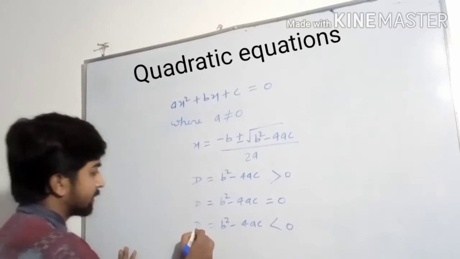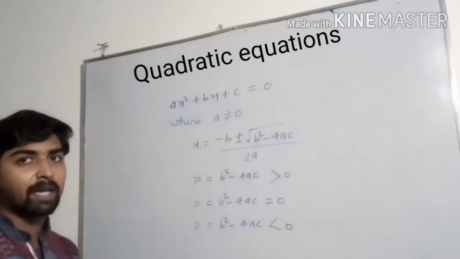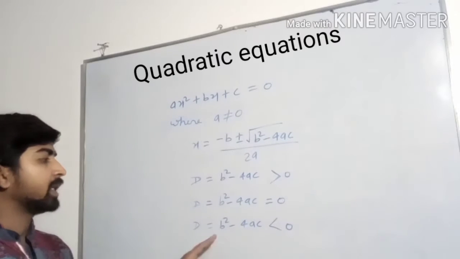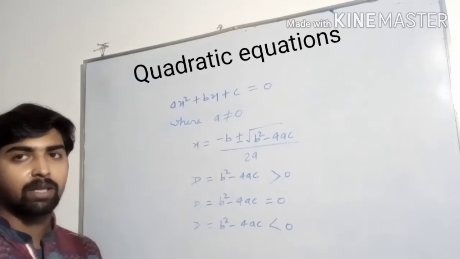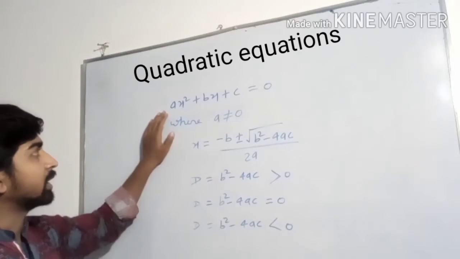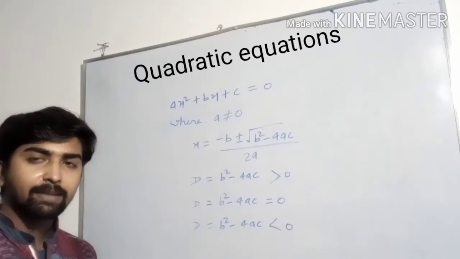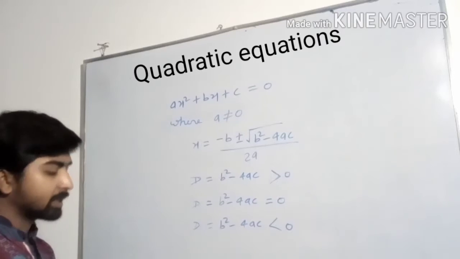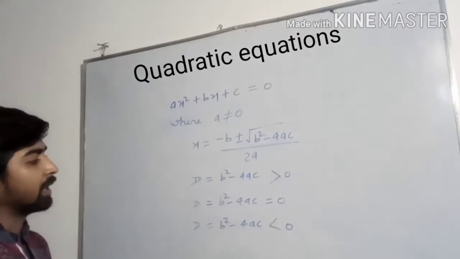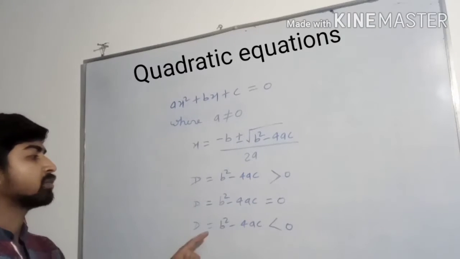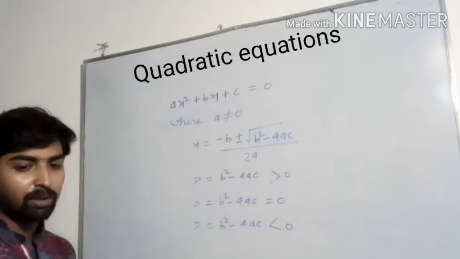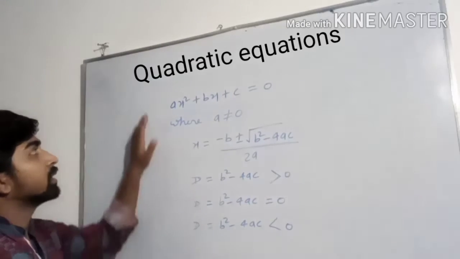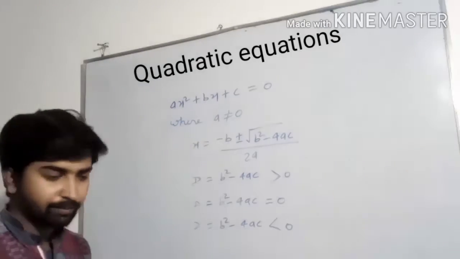In the third case, when the discriminant is negative, or b² - 4ac is less than 0, the roots of these quadratic equations are complex and distinct. So let us discuss the roots of the quadratic equation in this case.